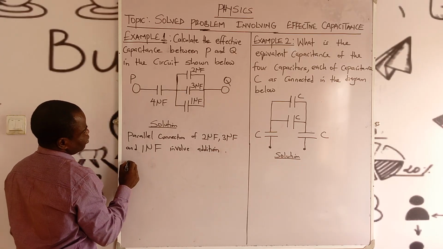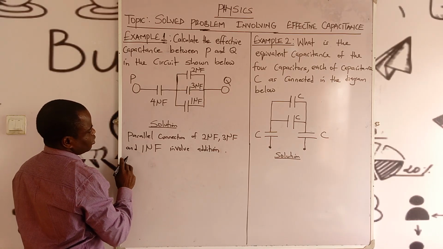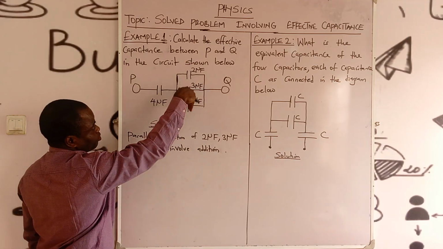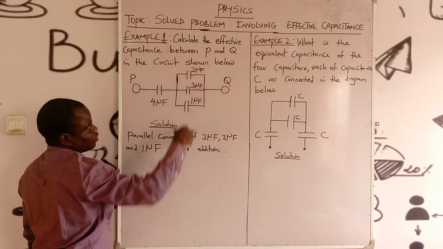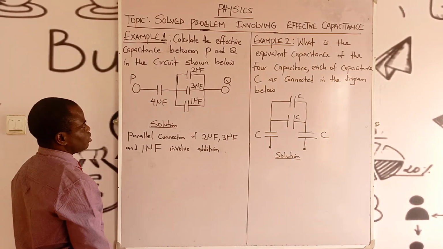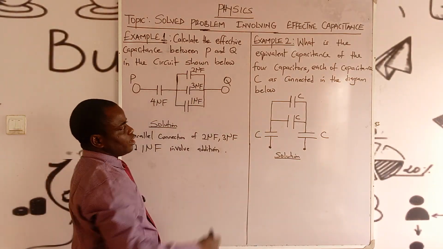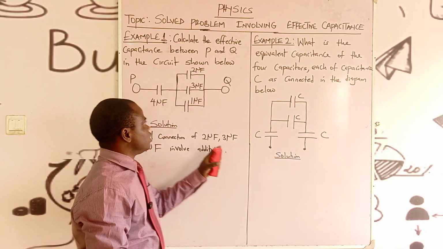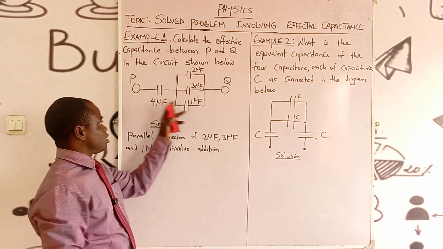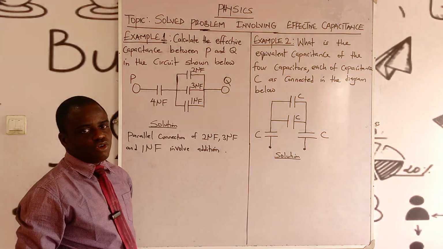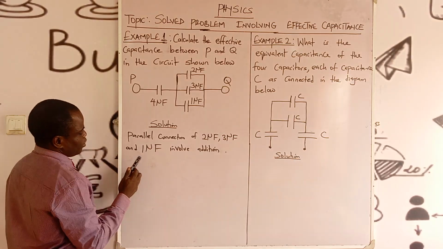Now we have the equivalent, the addition of the capacitors that are in parallel, so that after getting it, you now connect it in series with the 4 microfarad.